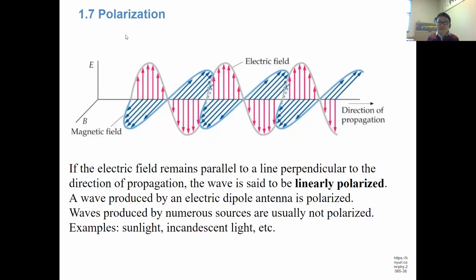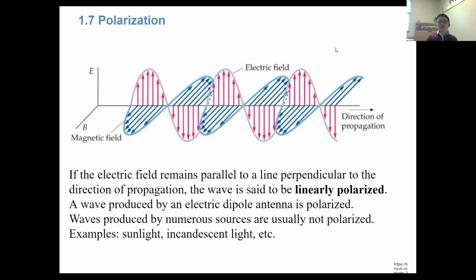All right, so next let's take a look at the polarization of light. Previously in volume 2, when we talked about electromagnetic waves, we know that light is a form of electromagnetic wave, which propagates with the vibrating electric field, in this case the red, and the blue, the magnetic field.